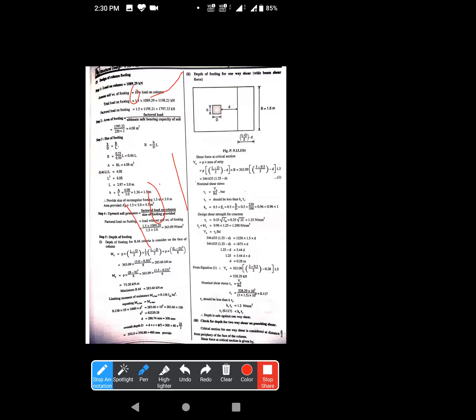I have already explained how this 1.1 is coming. So 1.1 into 1089.29 comes to 1198.21 kilonewton. Now you have to factor this load, that is 1797.33 kilonewton.